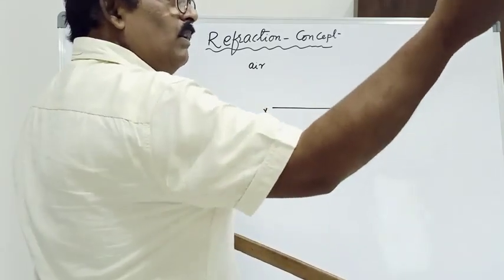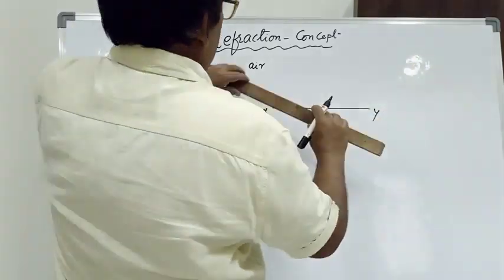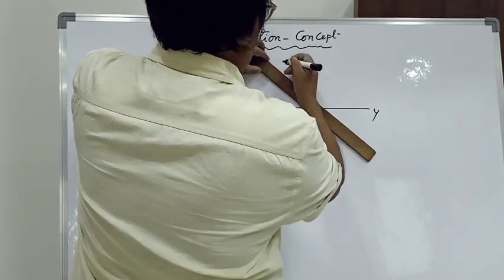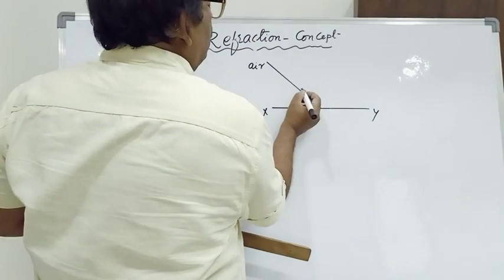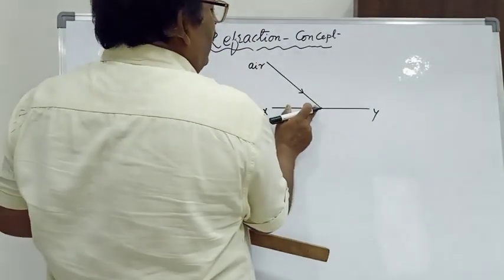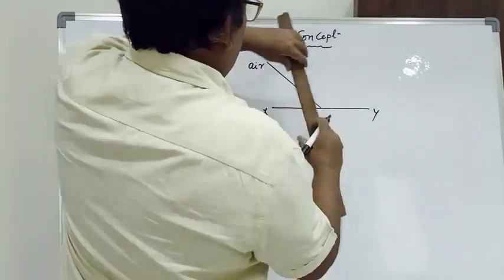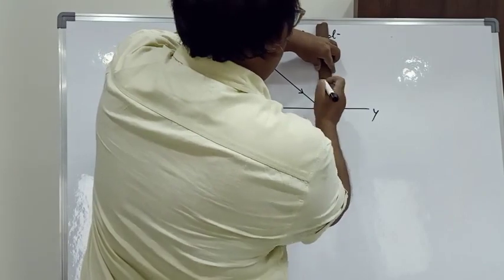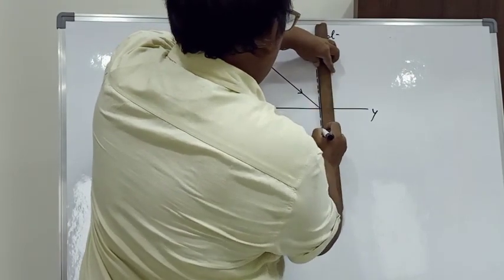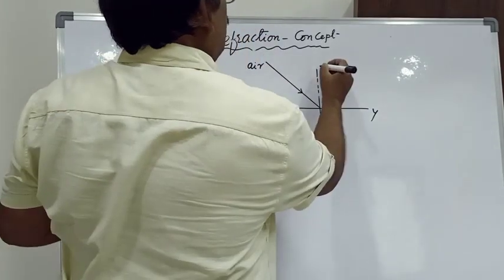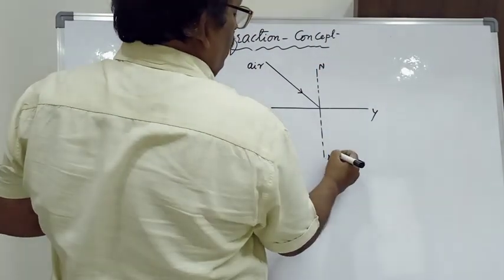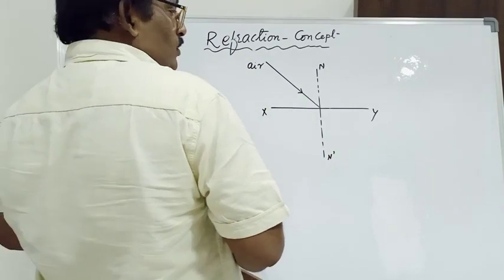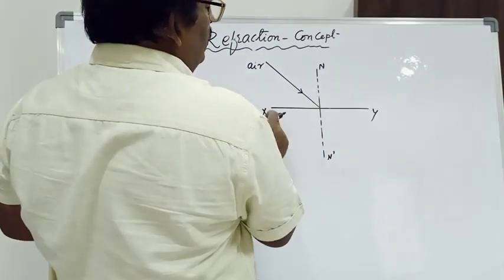The light ray is traveling through air medium. It is incident obliquely. That means it is making a certain angle with the normal. This is a normal. N prime is a normal drawn in both the media for this surface.